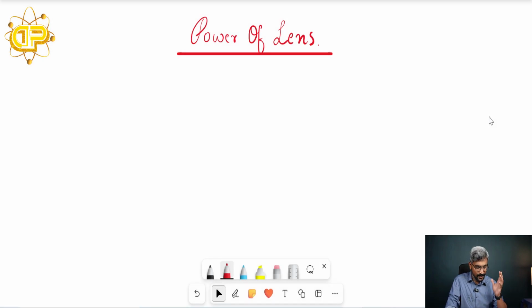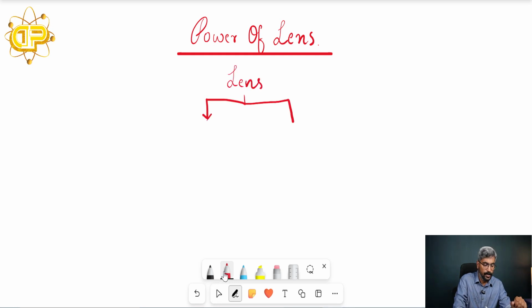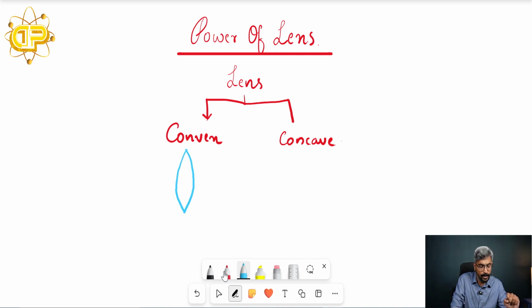So here comes power of a lens. We have studied two types of lens, our first one is convex lens and the second one is concave lens. So you have seen this, right? More precisely, a convex lens looks like this, and a concave lens looks like this.